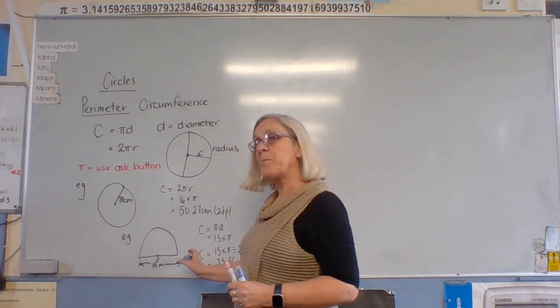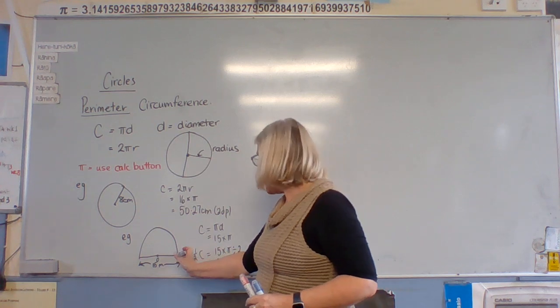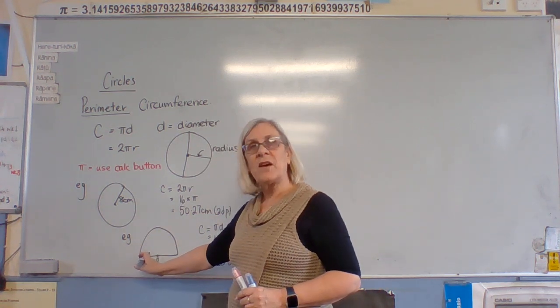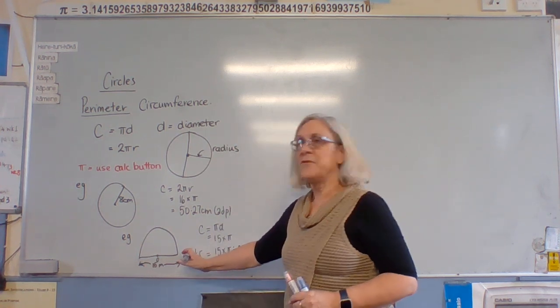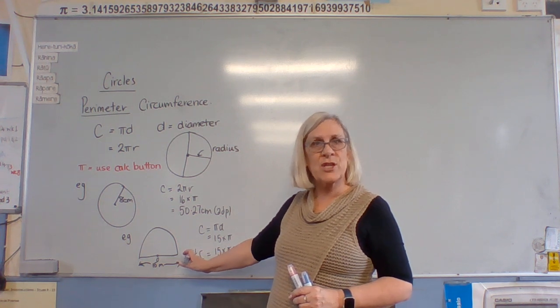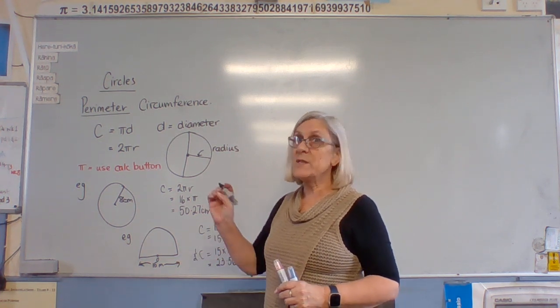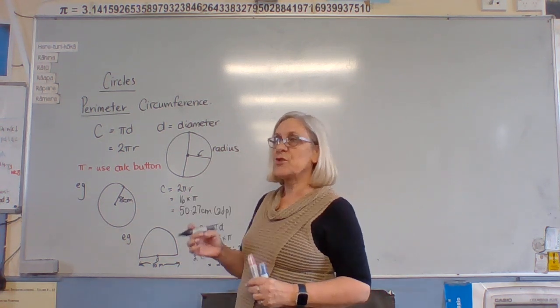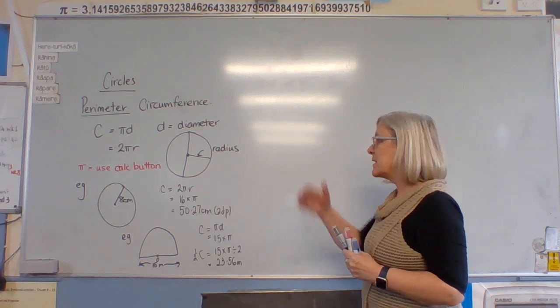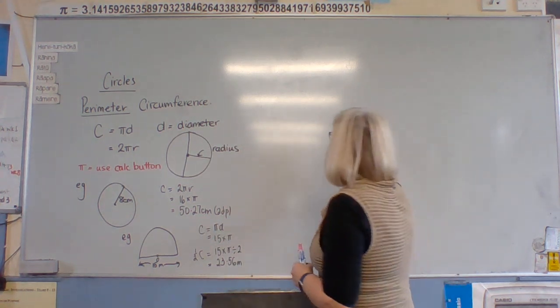Sometimes if we were doing the perimeter of this, we'd have that 23.56 and add on the 15 to go right around the shape. Okay? So we sometimes have to remember to add on the straight ones. That's where we're getting into that upper level thinking.